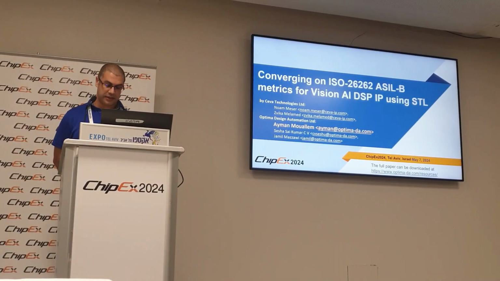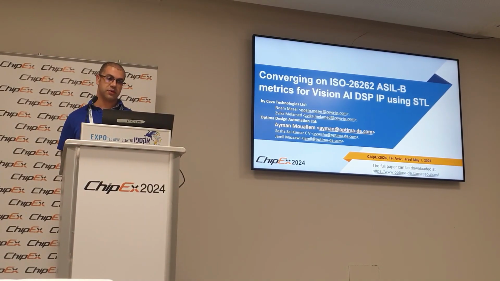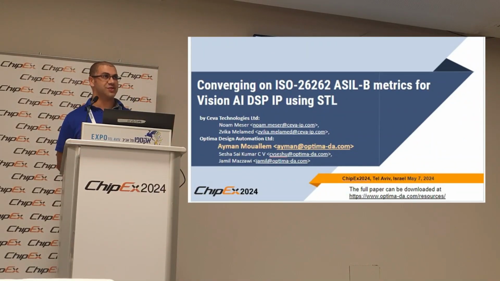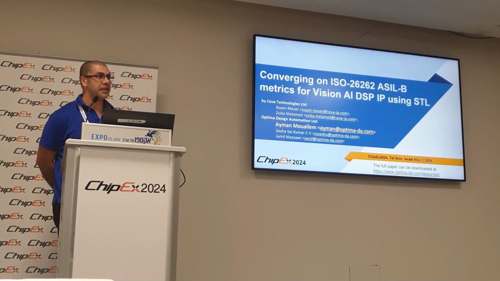Today I'm going to talk about a project that we've done with Ceva. The company I work for is called Optima, and we're talking about how we can converge on the ISO-26262 metrics.